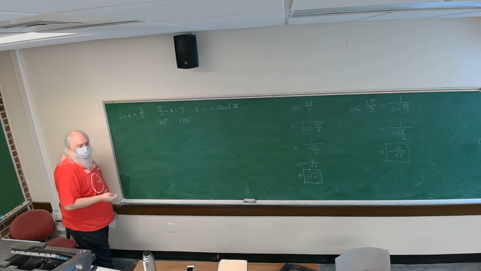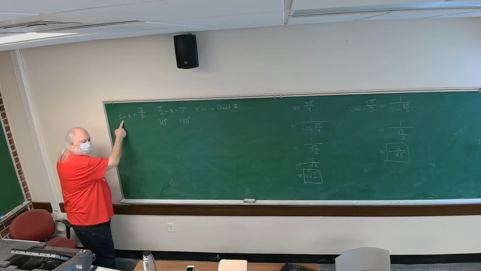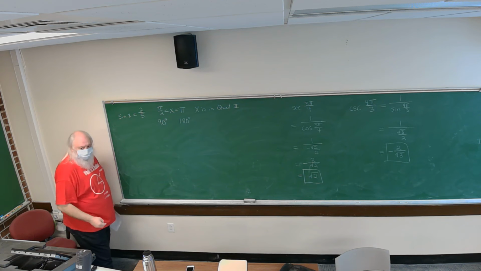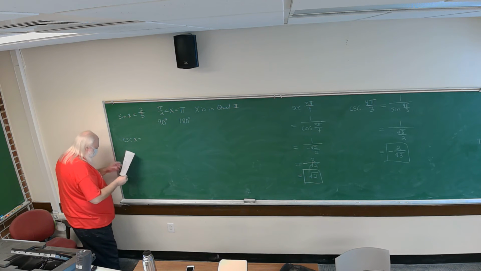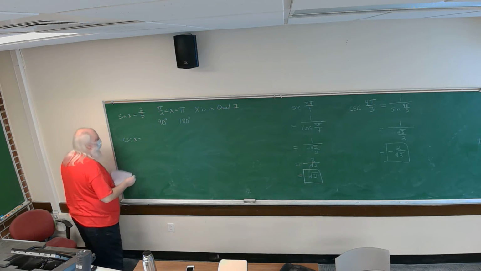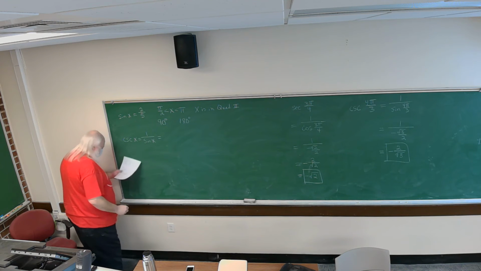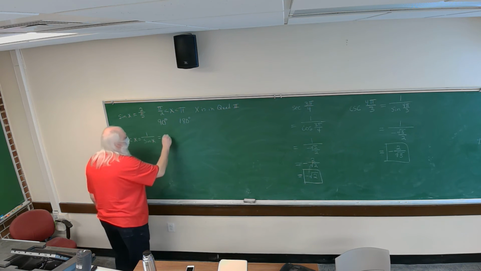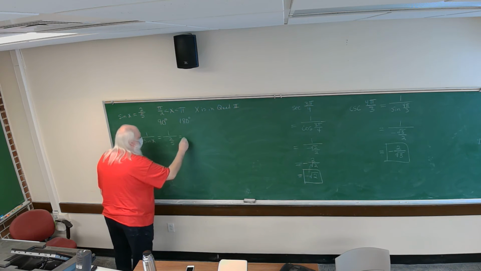Well, of the other 5 trig functions, the easiest one to find is cosecant x, because it's the reciprocal of sine x. So cosecant x is equal to the reciprocal of sine x, which is the reciprocal of 2/5, which is equal to 5/2.